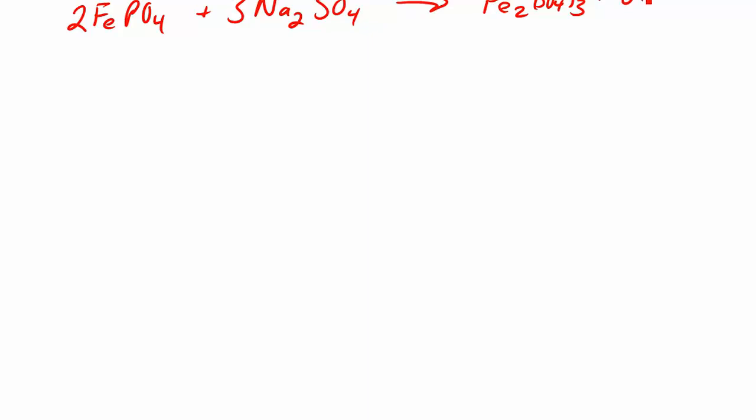Here we have 2 FePO4 and 3 Na2SO4, which gave us Fe2(SO4)3 and 2 Na3PO4. Okay, so here it says I'm going to do the reaction with 15 grams of the sodium sulfate.